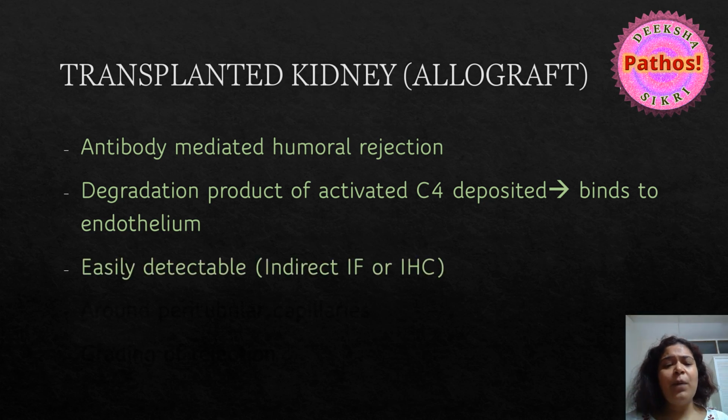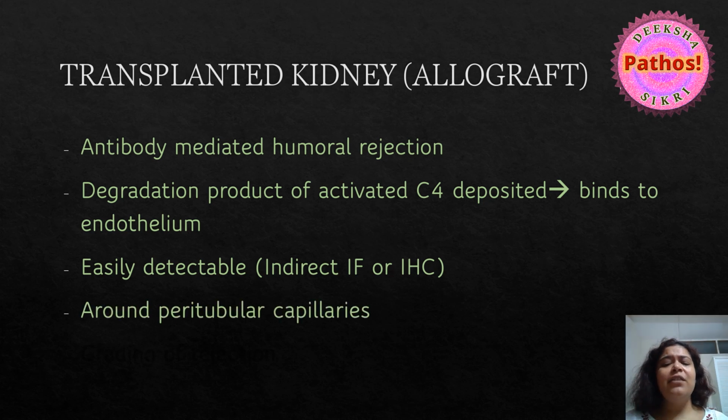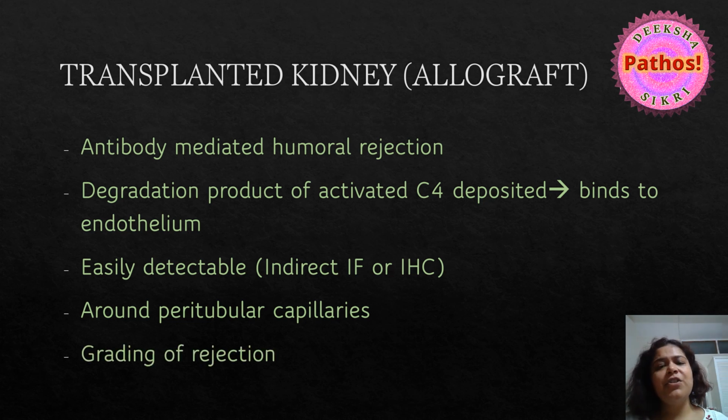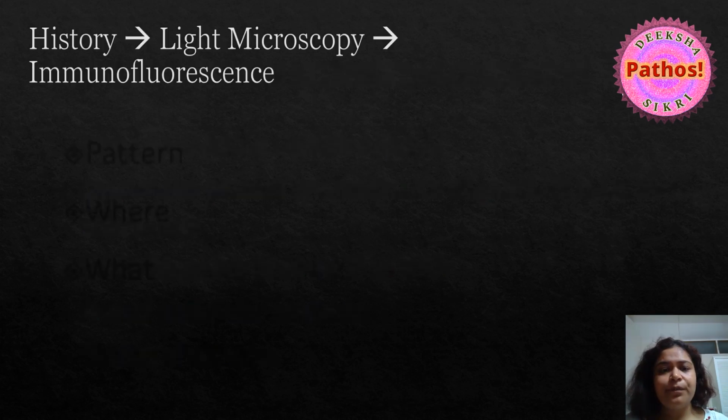So we check it via immunofluorescence. We look for C4D deposition, and this is usually seen around the peritubular capillaries, and we use this for grading of rejection. This is just an extra point for everyone that in a transplanted kidney, we look for C4D, degradation product of C4, to grade rejection.